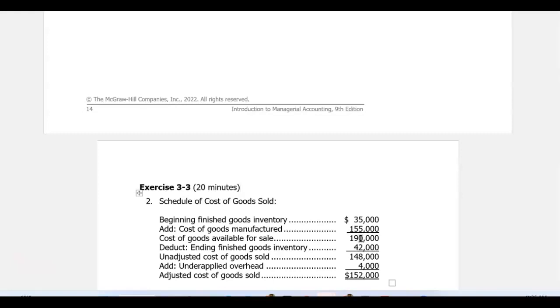So available finished goods is 190, available for sale. Ending finished goods is 42. If ending finished goods is 42, then unadjusted cost of goods sold is 148. However, because we have underapplied manufacturing overhead by 4,000, we add that to the cost of goods sold, and we get adjusted cost of goods sold of 152,000.